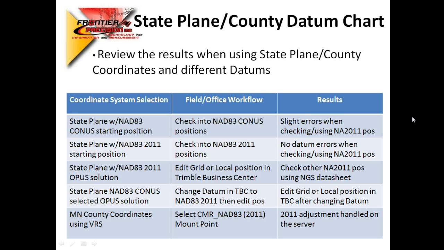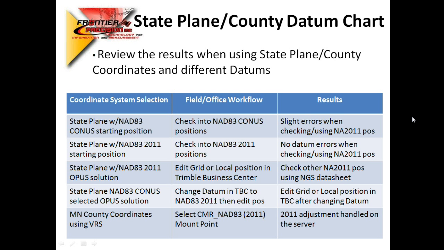And if I use state plane NAD83 CONUS and I select and use an Opus solution, it is recommended that you change the datum in TBC to 2011 first, then edit your grid or local position, and make sure that you do that after you change the datum. If you cannot change the datum to 2011 for whatever reason, expect slight errors, just like we see at the top row here.